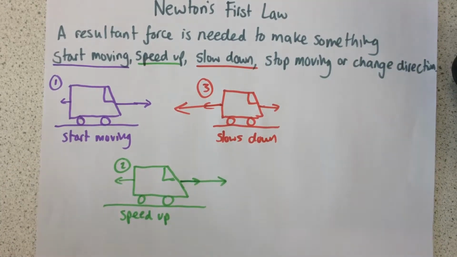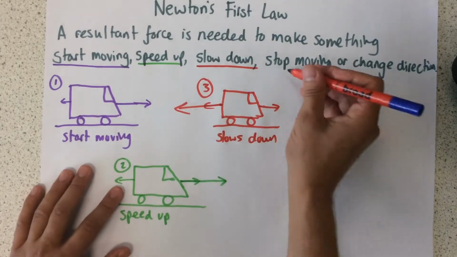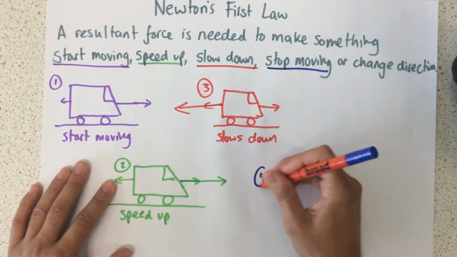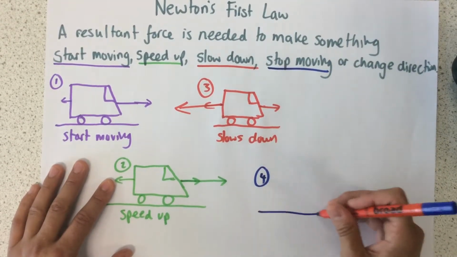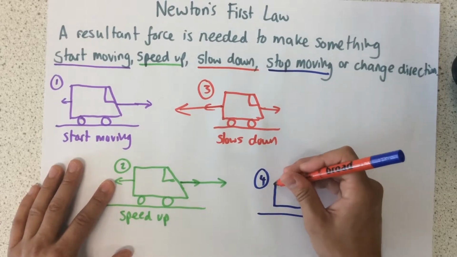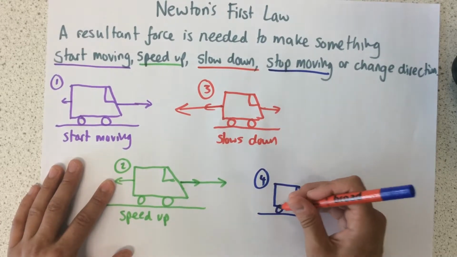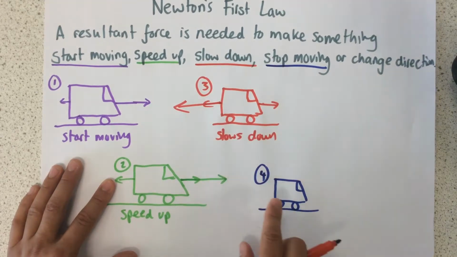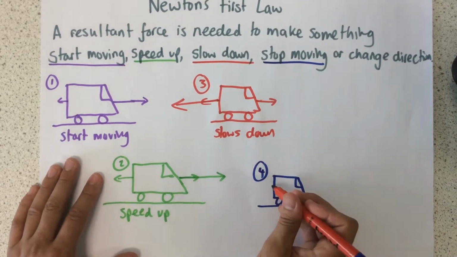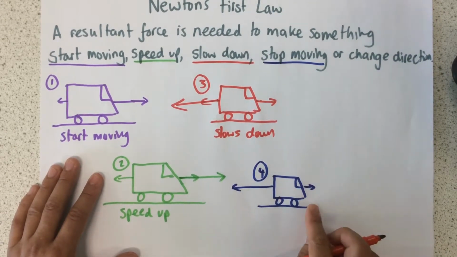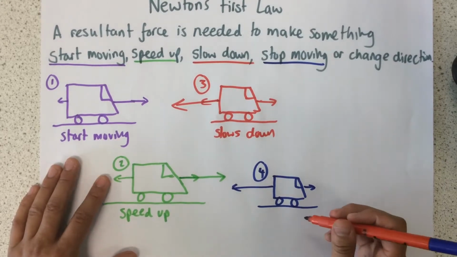Okay, so we just need to carry on that idea a little bit to think about stop moving, because essentially, if we continue to apply the brake to this car, eventually it will come to a stop.